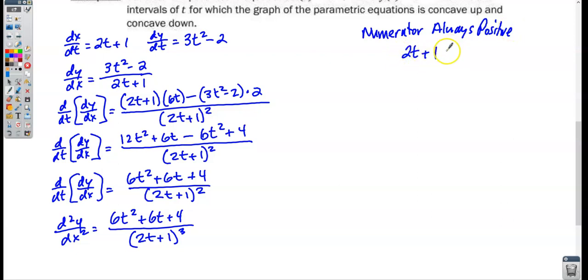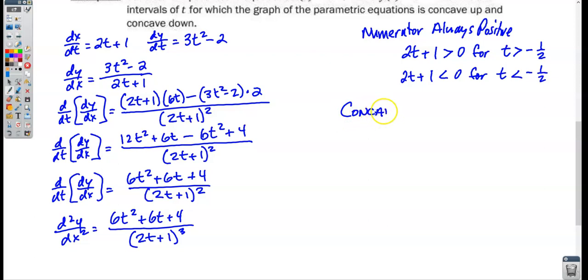2t plus 1 is greater than 0 for t greater than negative 1/2, and 2t plus 1 is less than 0 for t less than negative 1/2. And therefore, when the denominator is positive, the numerator is also positive. Positive divided by a positive makes it positive. Therefore, our graph is concave up on the interval from negative 1/2 to infinity.